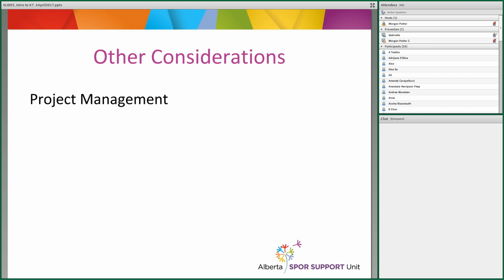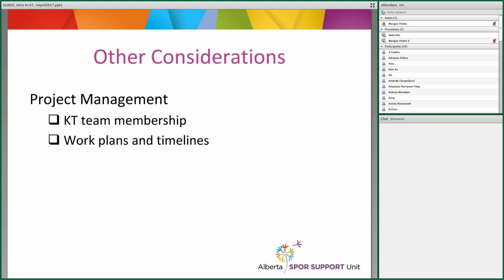And there are lots of other considerations, especially around project management, identifying who is going to help you with these knowledge translation activities, developing work plans and timelines, really identifying roles and responsibilities, and laying out so that the researchers understand what the knowledge users are able to do, and also for the knowledge users to really understand what their roles are and to understand the research process a little bit better.